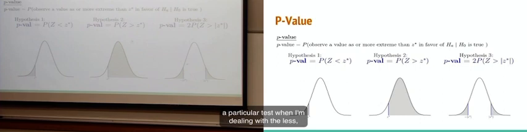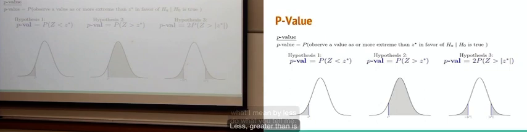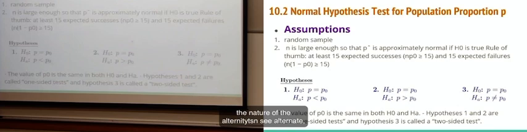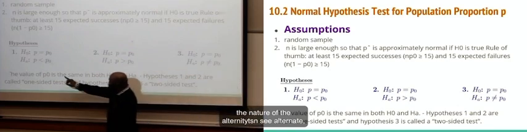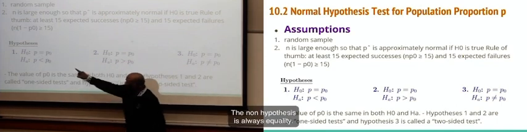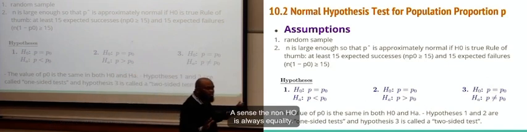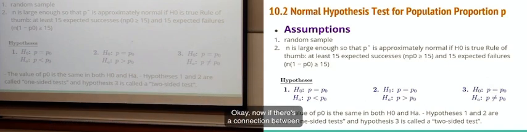What determines less than, greater than, or two-tailed is the nature of the alternative hypothesis. You can see the alternative. The null hypothesis H0 is always equality. Does that make sense? Now, there's a connection between computing the p-value and the alternative hypothesis.